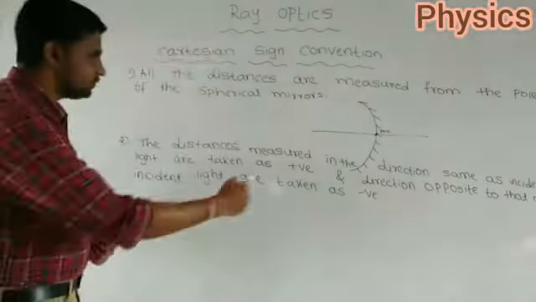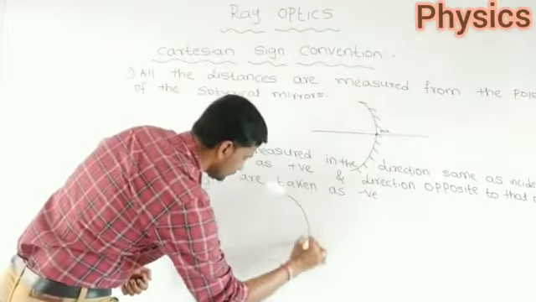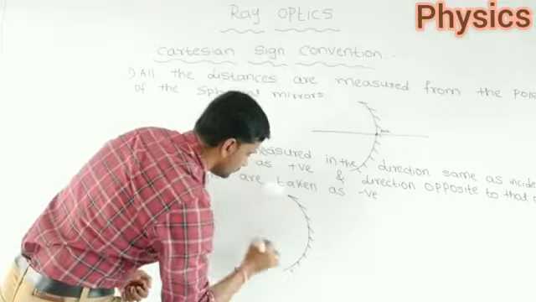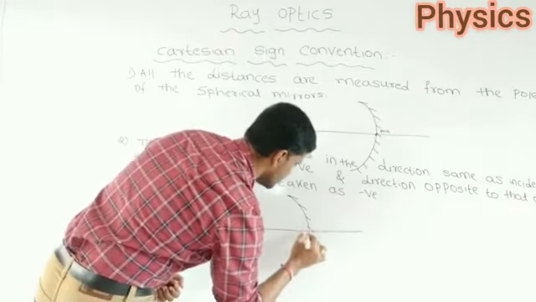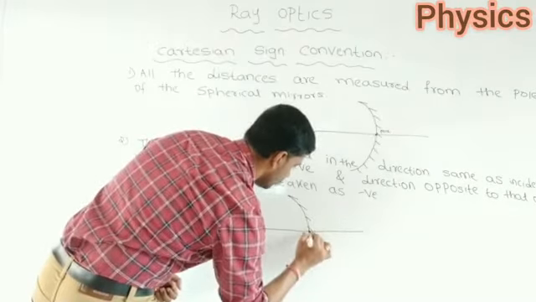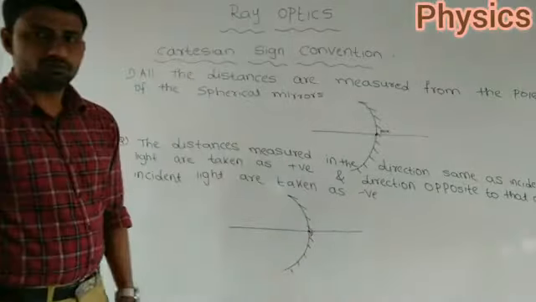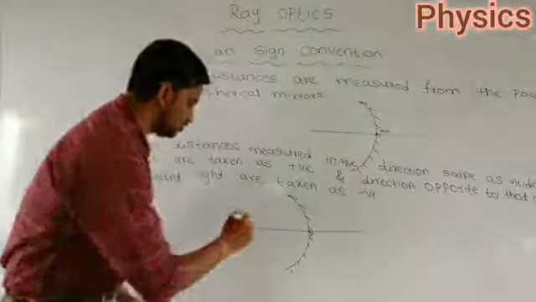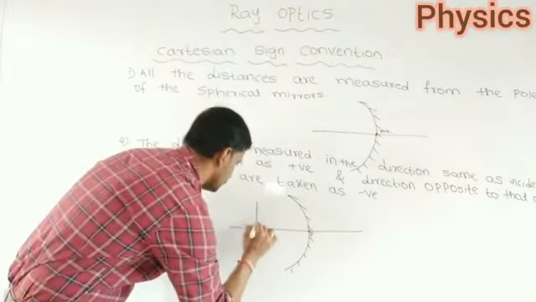Here also I am considering a concave mirror. This is the principal axis and this is the pole of the concave mirror. Now I am taking an object, assume that this is an object here.